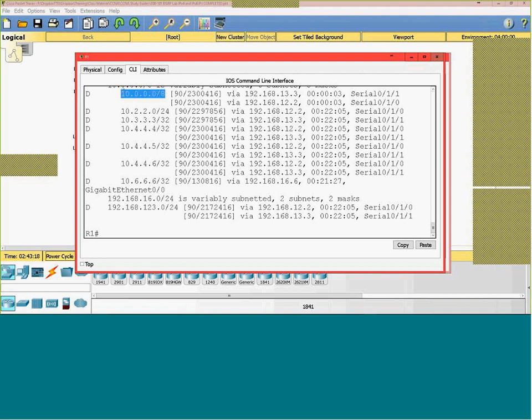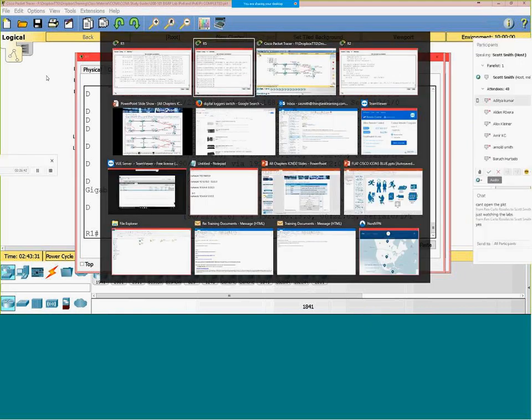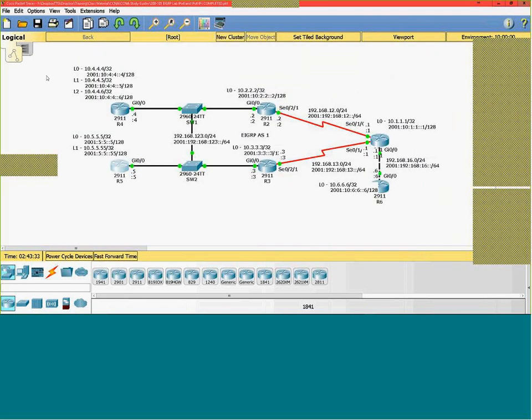That router is no longer advertising the classless subnets. It's simply advertising the classful network of 10.0.0.0/8. Now imagine that the entire topology was doing that. Everybody would be advertising the 10.0.0.0/8 network. That would be really bad, wouldn't it?